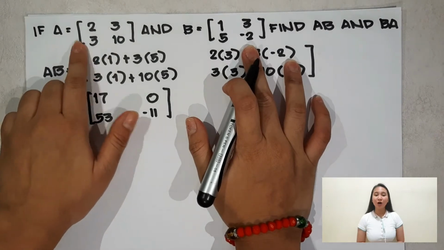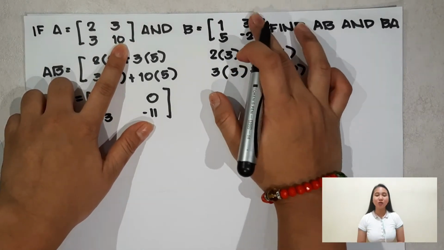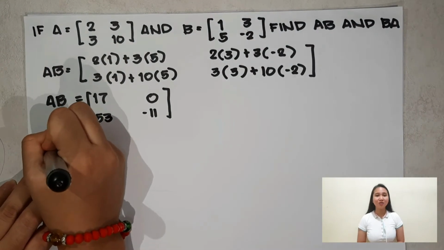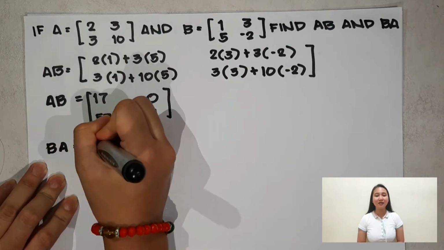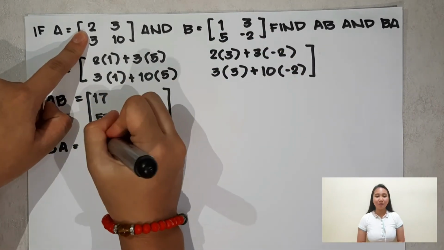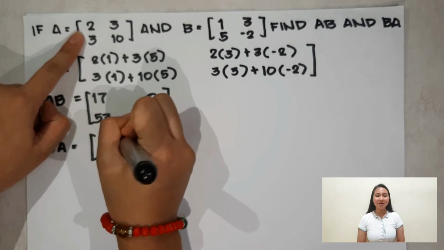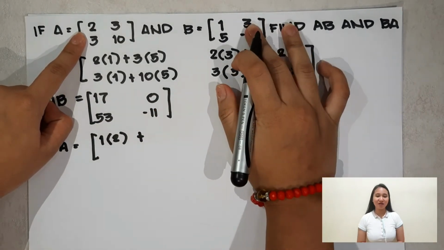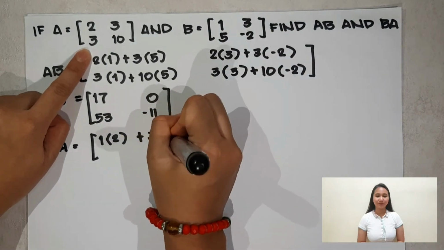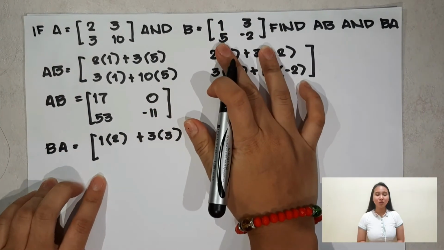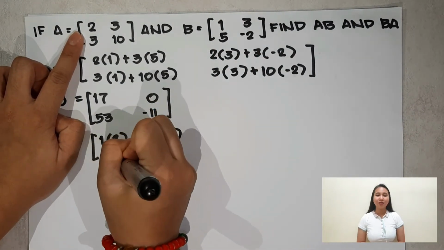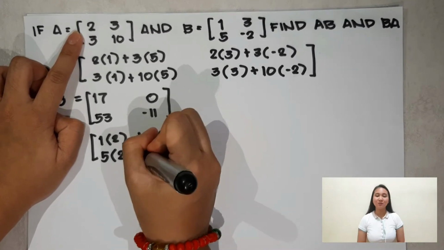Since the column of matrix A is equals to the row of matrix B, then matrix A and matrix B is conformable and BA is possible. First, we will multiply 1 times 2 plus 3 times 3. 5 times 2 plus negative 2 times 3.